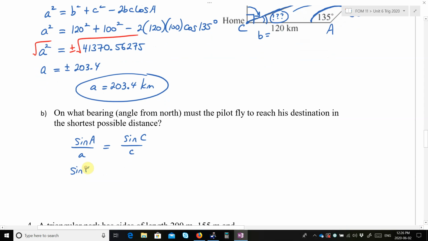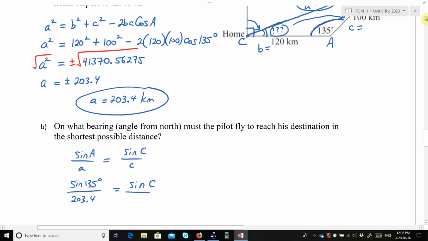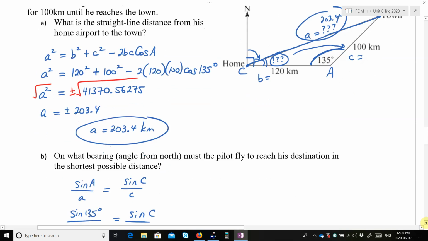So I'm going to go sine of 135 degrees divided by little a, which was the 203.4 that we found. We're trying to find angle C, and little c is the 100 kilometers there.